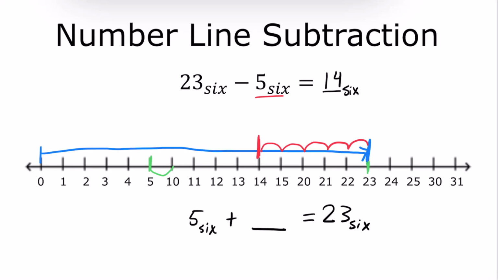Then I would need to add a 6 block, and then I would need to add 3 units. If you look at that, 1 six block and these 3 units plus this unit gives you 14 base 6. So you can also use that missing addend approach if that's an easier way for you to do that.